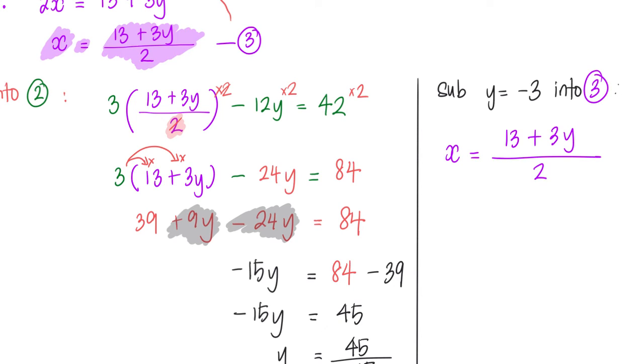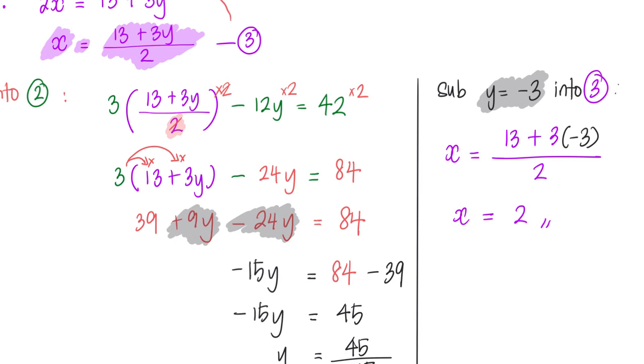And since I know the value of y is negative 3, I am not going to write y anymore. This y will become negative 3. So my final answer will be equal to 2.